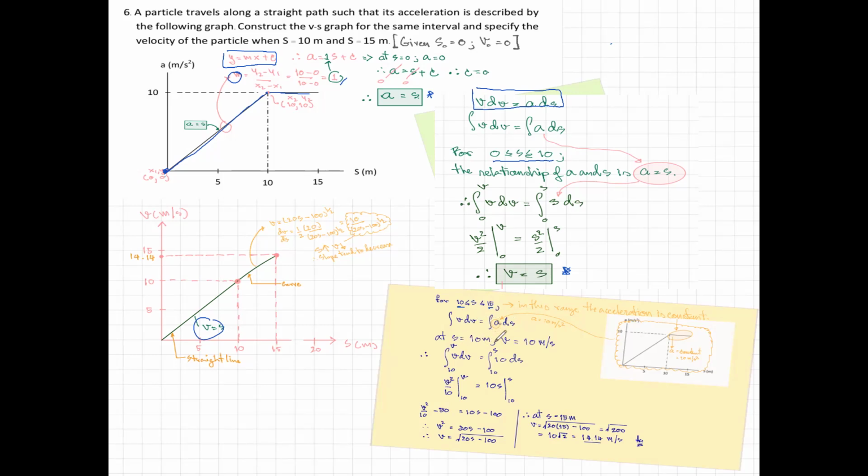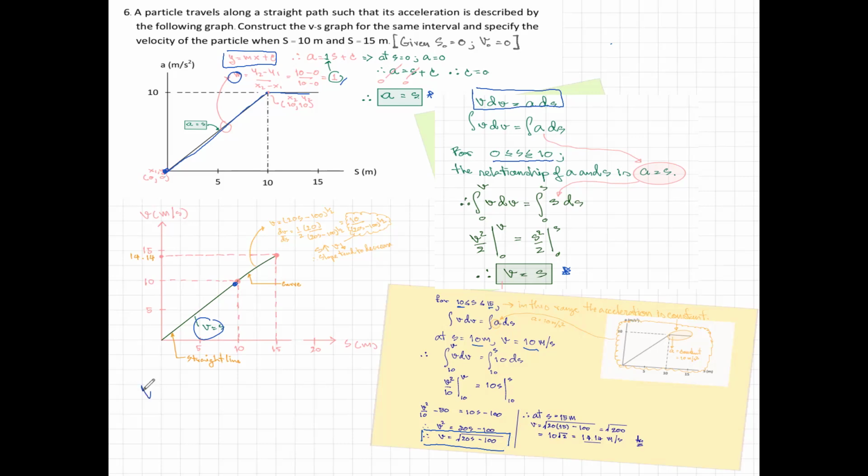At S equal to 10 meters, V equal to 10 is the initial value before the second part. We integrate both sides and we have this relationship and this graph. We have the function V equal to square root of 20s minus 100.